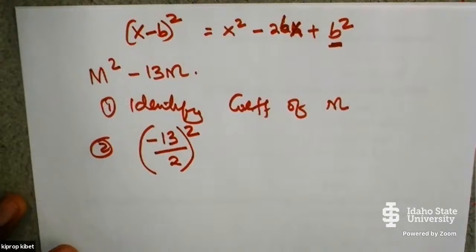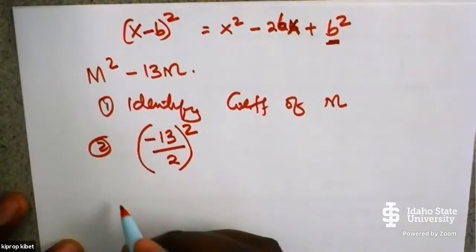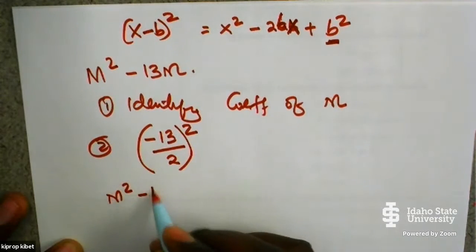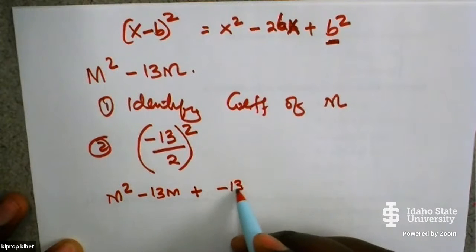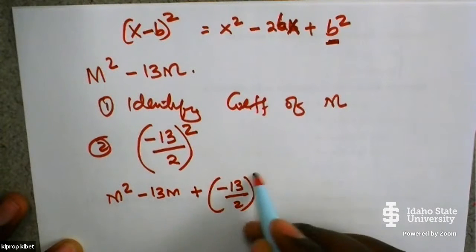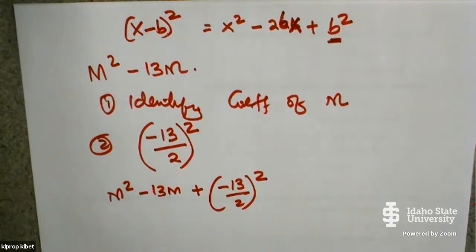Then number 3, you add it to this: m squared minus 13m plus negative 13 over 2, squared. So you add this one.